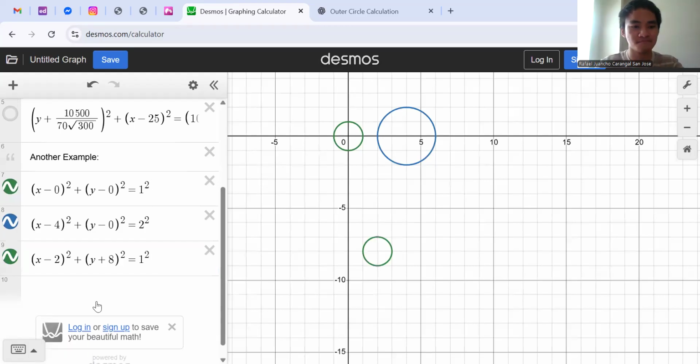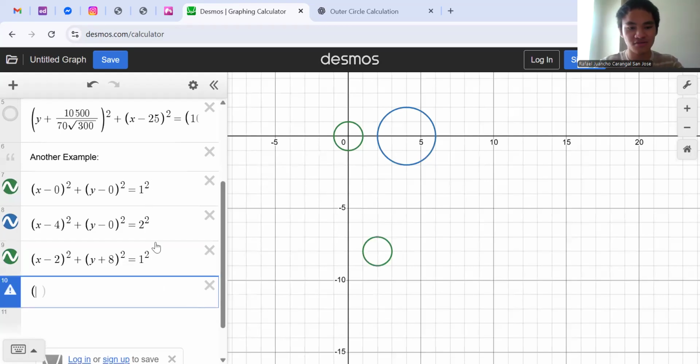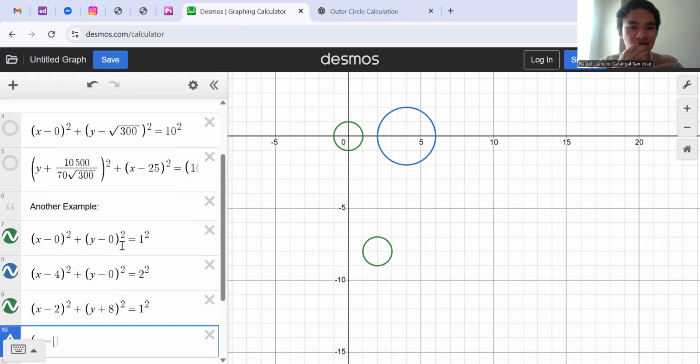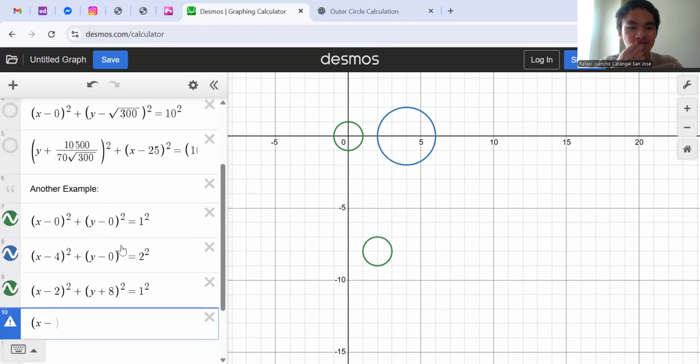Okay. So for our circle, we're gonna have our x value minus our x of r. So my x of r is gonna be, yeah, well, my r value. My r value is gonna be. Can I add a slider? Is there a way to do that?